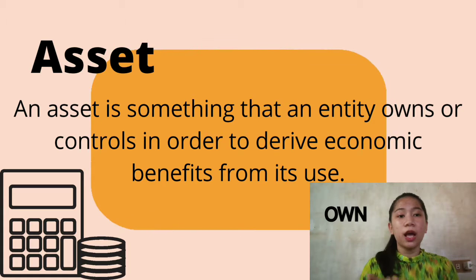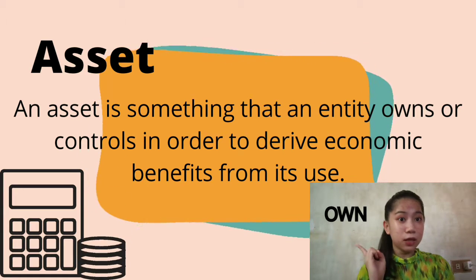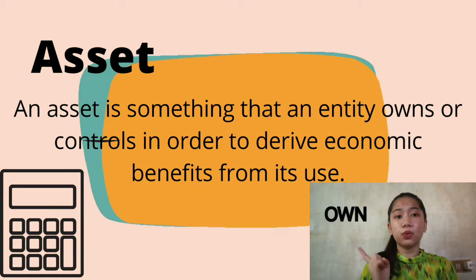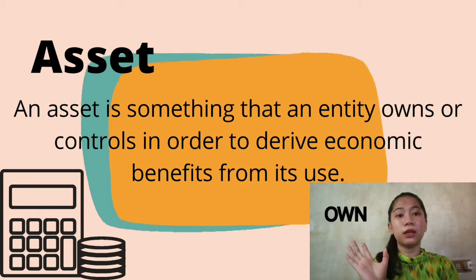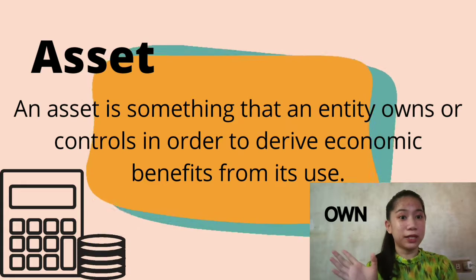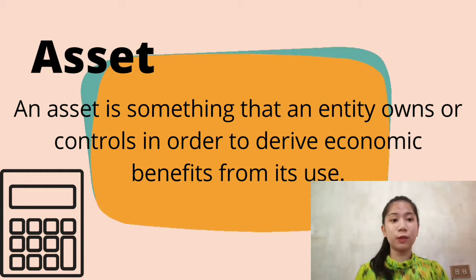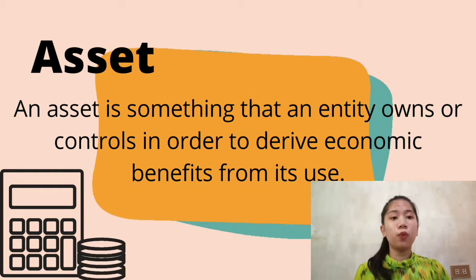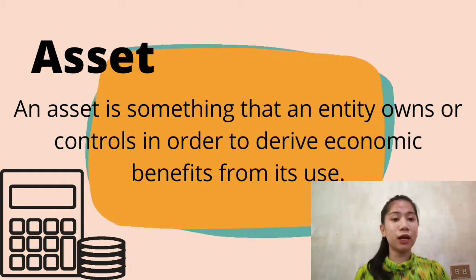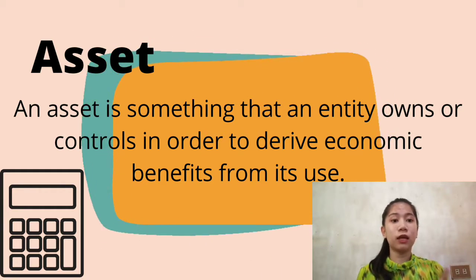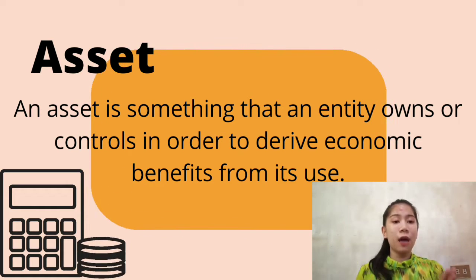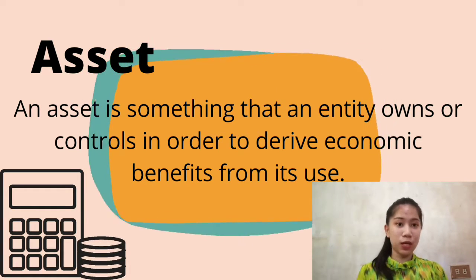An asset is something that an entity owns in order to run a business and to make something profitable out of it. In the SFP, we will still apply the basic accounting equation, which is assets equal liabilities plus equity.